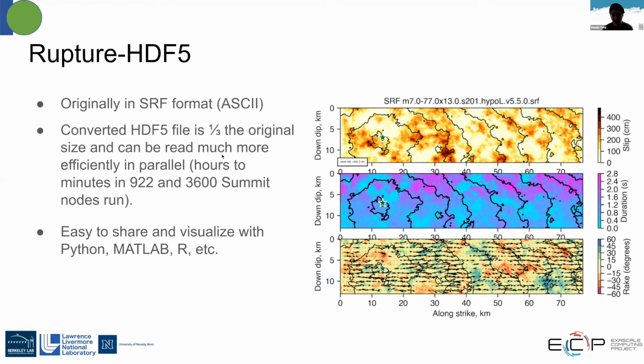Using the previous ASCII text format, it would take hours or more to read a text file into other processes. But after we converted to HDF5, it takes just seconds to minutes. And with the HDF5 format, it is also easy to visualize with different languages, Python, MATLAB, R, etc.